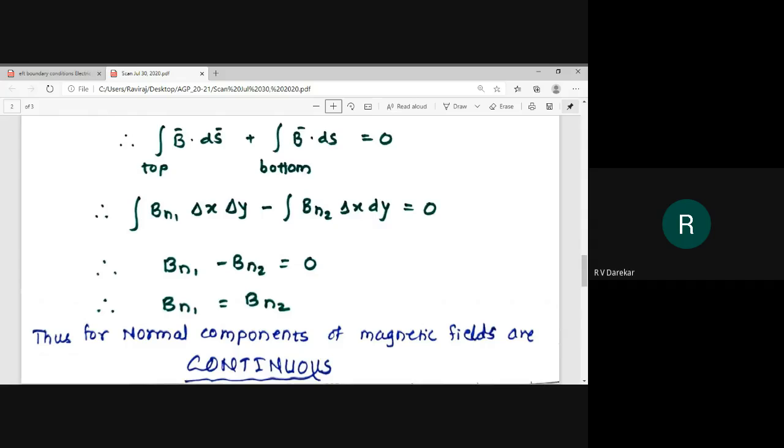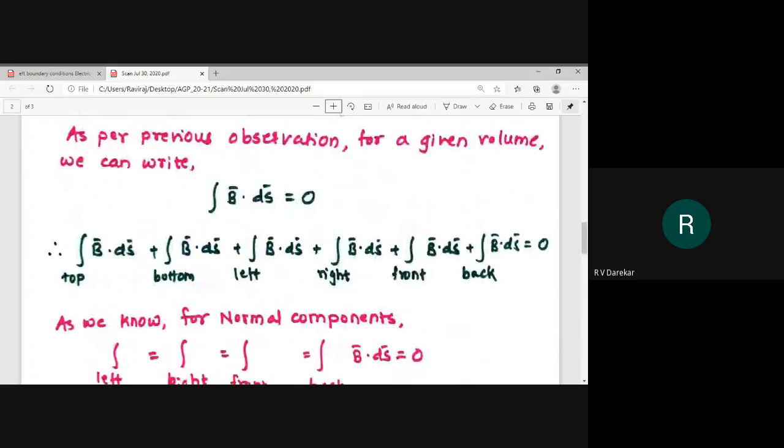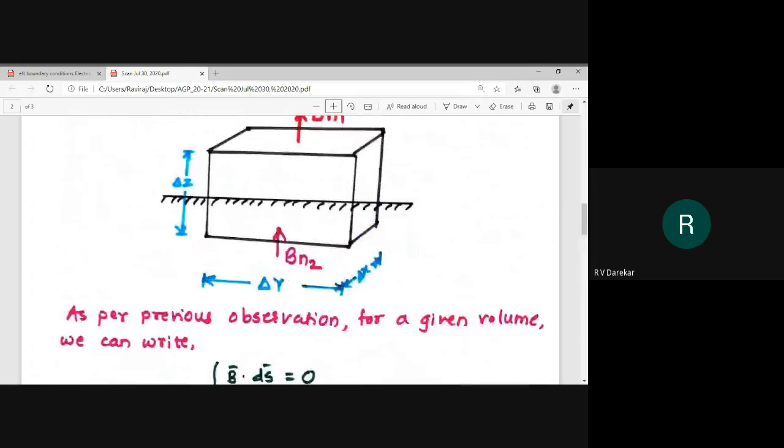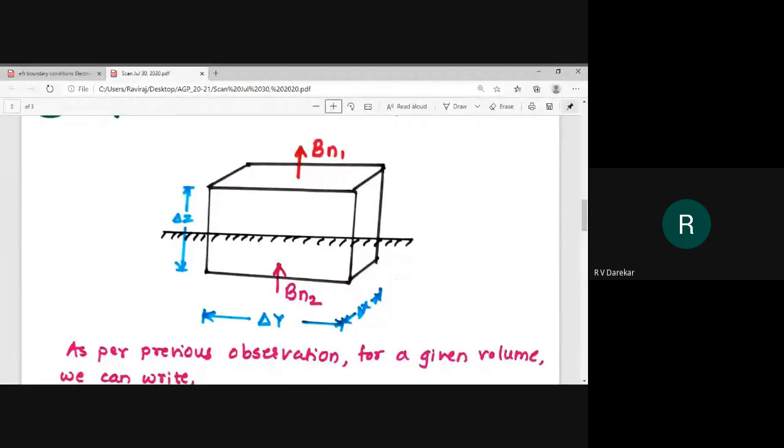So here, as per the doubt by Lakshmi, we'll try to understand from the first component. Here we are going to consider a volume. BN1 and BN2 are the electromagnetic wave components which are indicated to be of magnetic field and in a normal way. Normal means in a perpendicular way.